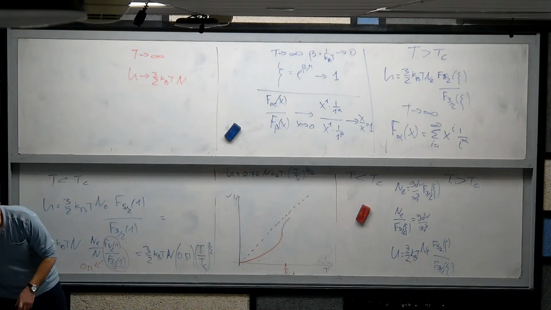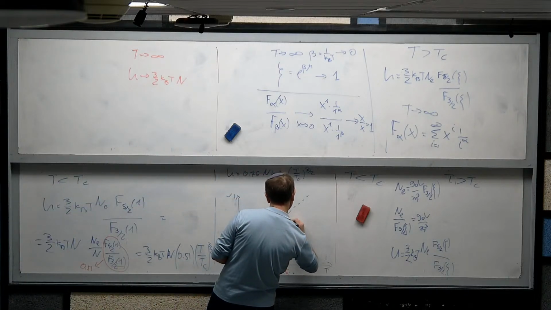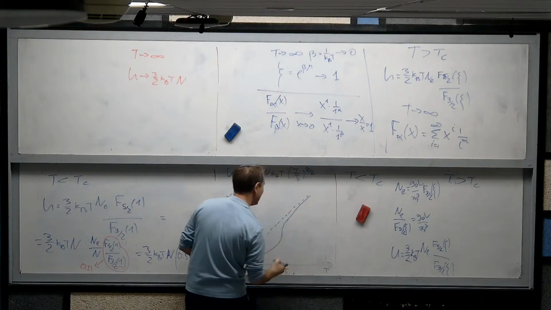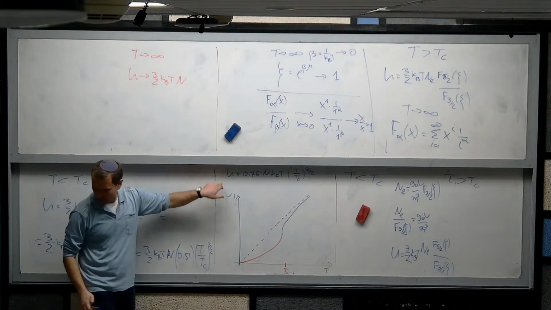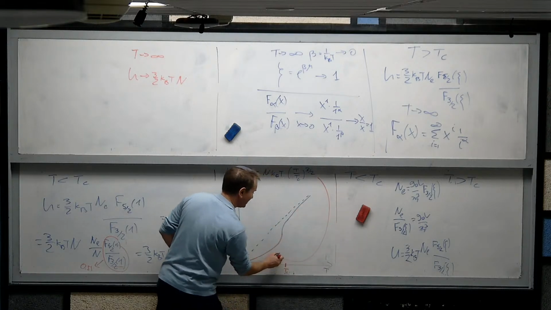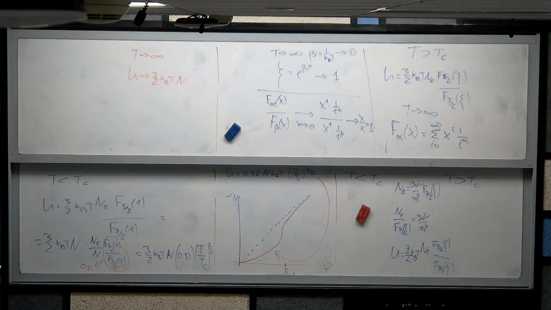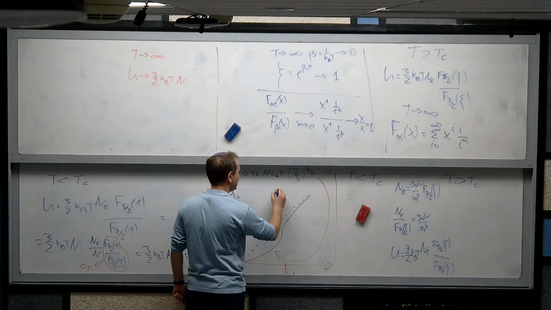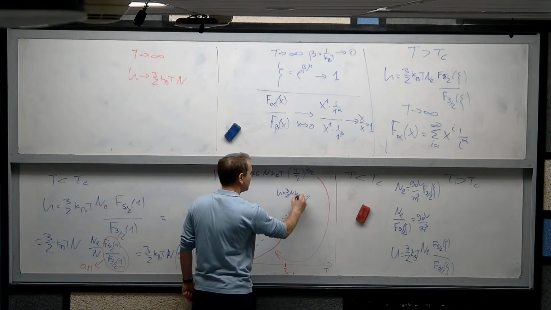This function slowly approaches this behavior. So this is U from here, and the high temperature limit is U equals 3/2 n k Boltzmann T.